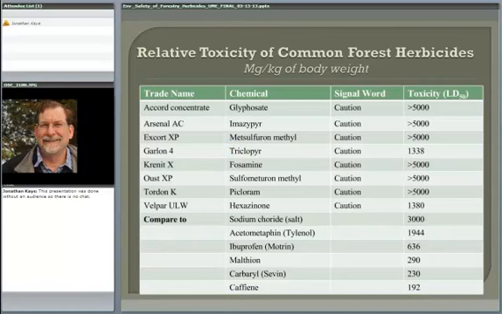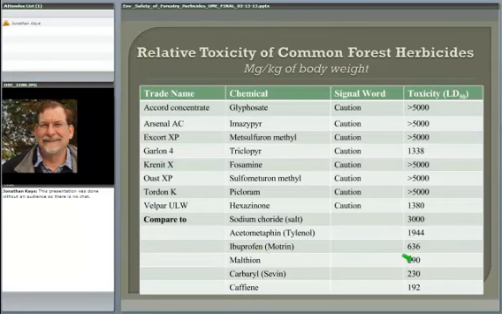I made a point of contrasting that with a couple of things that we commonly use in our everyday lives: salt, Tylenol, ibuprofen. The point is that these things have much lower toxicity, that is higher LD50s, than herbicides. Then I compared it with some insecticides, like malathion, which are common pesticides used for killing insect pests.